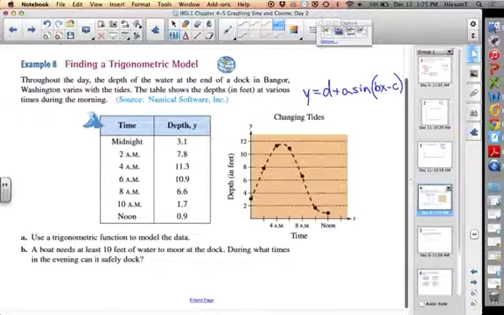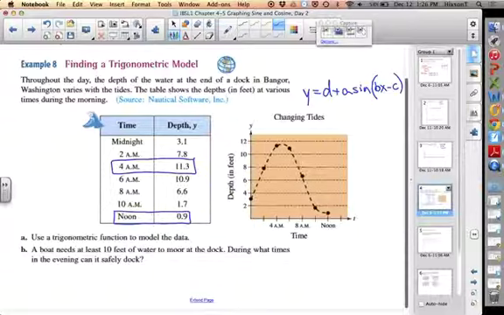One thing you have to understand is you have to just go based on the data you have. If you look at our data, the highest point occurs at 4 a.m. and the lowest point occurs at noon. Now, are we positive that those are the highest and lowest points?